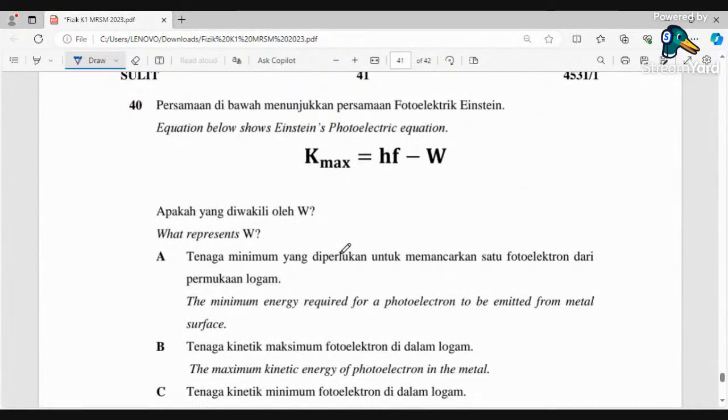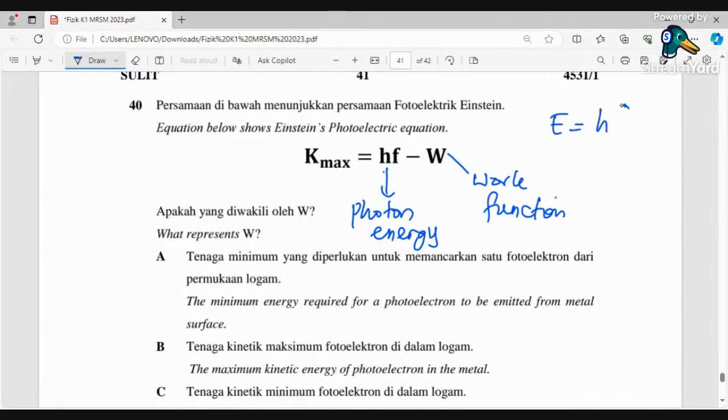Okay, number 40, Einstein photoelectric equation. You have K max, kinetic energy, energy of photon. Ini ialah photon energy. And W is the work function. Okay, ini ialah E equals to hf.